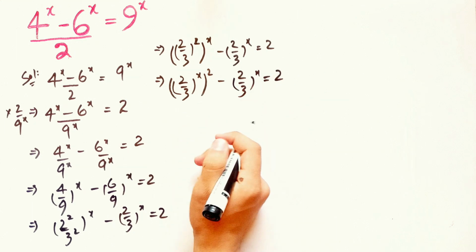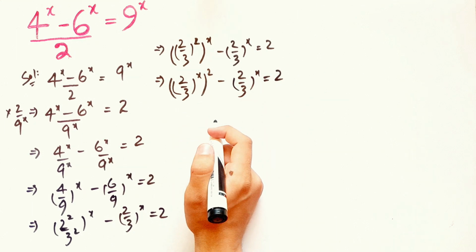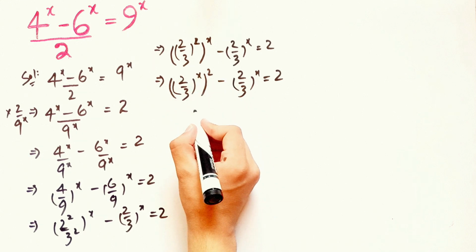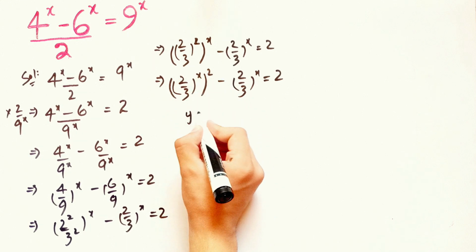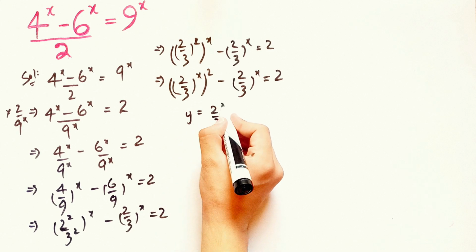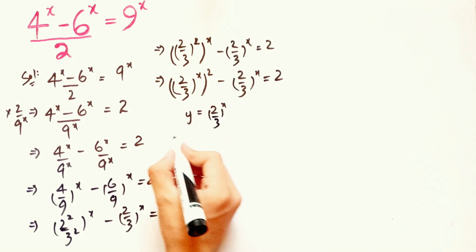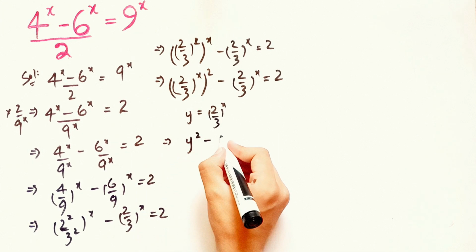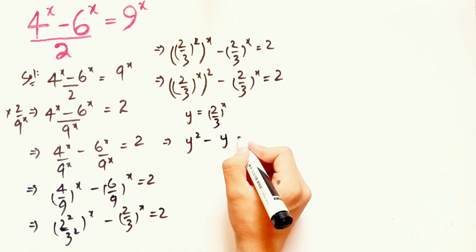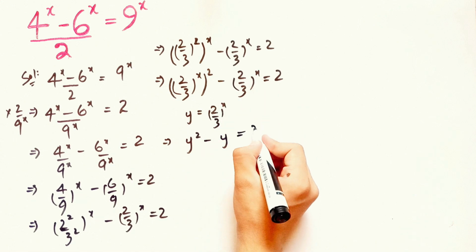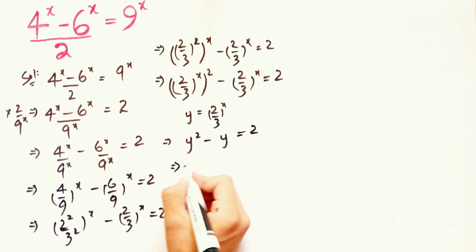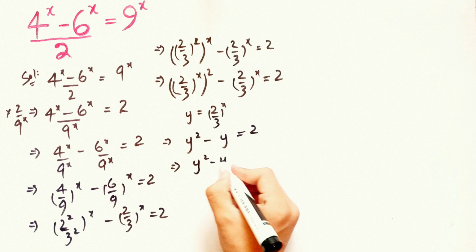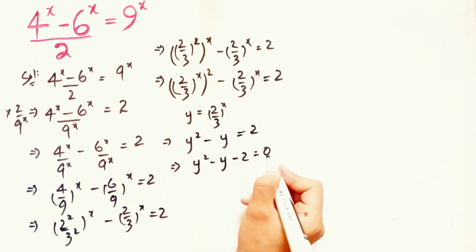Now I am going to substitute y in place of (2/3)^x. Writing (2/3)^x as y, we have the equation in much simplified form, that is y² − y = 2, or rearranging the equation we get y² − y − 2 = 0.